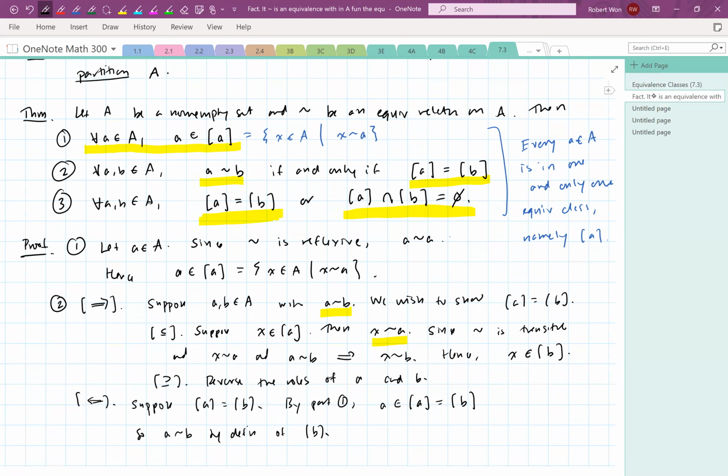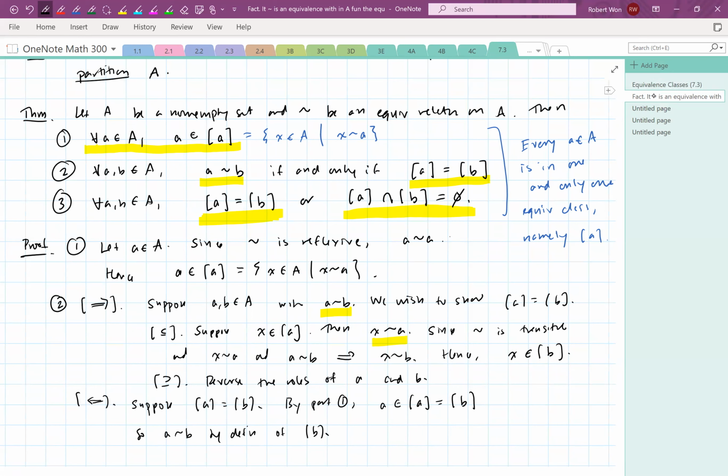So proof continued, part 3. Let A and B be elements in A. We want to show that either they determine the same equivalence class or the equivalence classes they determine are disjoint. Now there are two cases. Either these equivalence classes are disjoint or these equivalence classes are not disjoint.